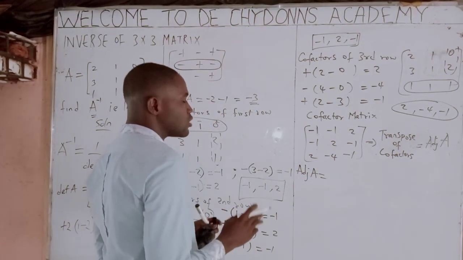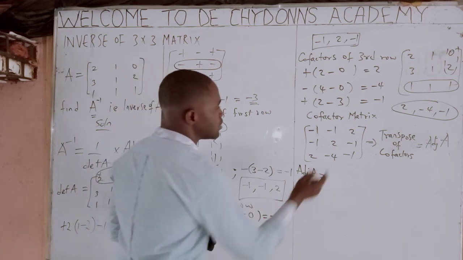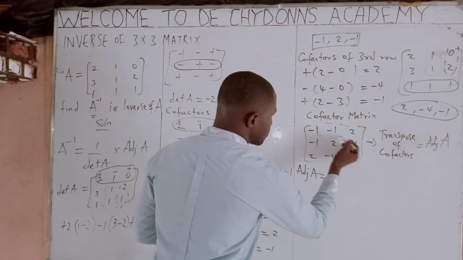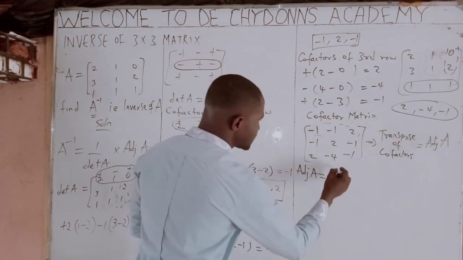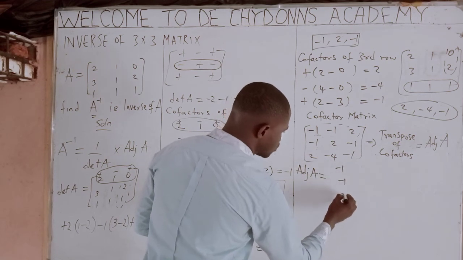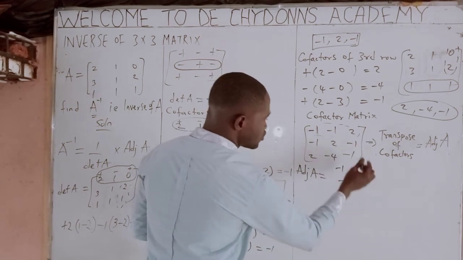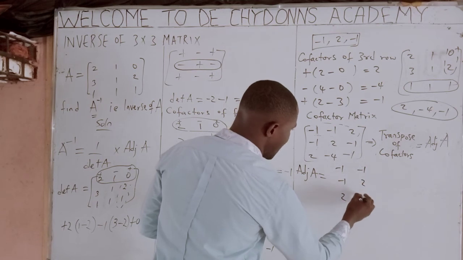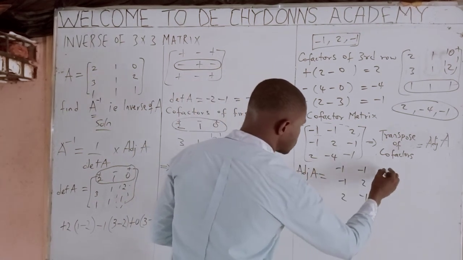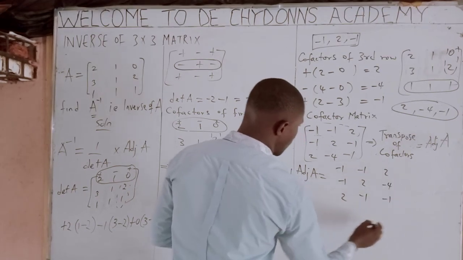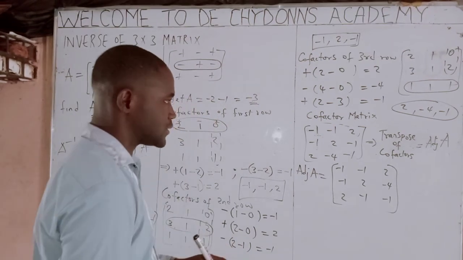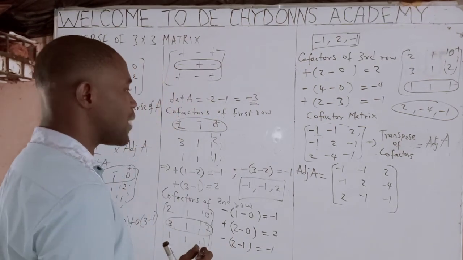Transpose of any matrix simply means the row you are seeing, you convert it to a column. Minus 1, minus 1, 2 will be called minus 1, minus 1, 2. Minus 1, 2, minus 1 will be called minus 1, 2, minus 1. 2, minus 4, minus 1 will be called 2, minus 4, minus 1. We package it this way. This is the adjoint of the matrix.